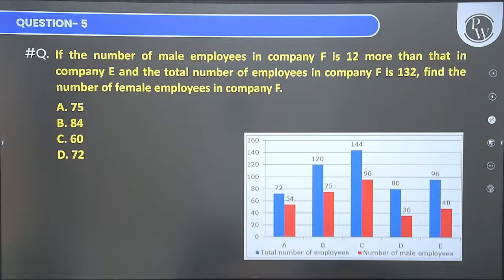Now they are talking about another company, company F, whose data can be calculated using the data that is given in the bar graph. So company F, the data of company F is given in relation with the data of company E.